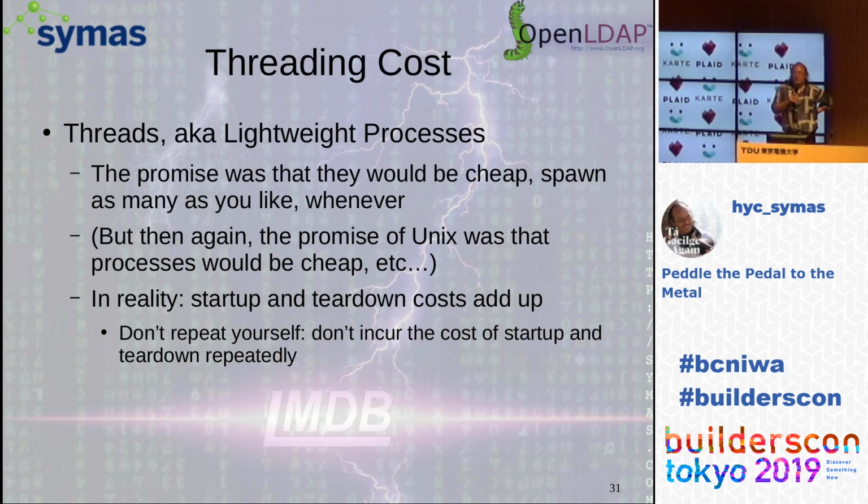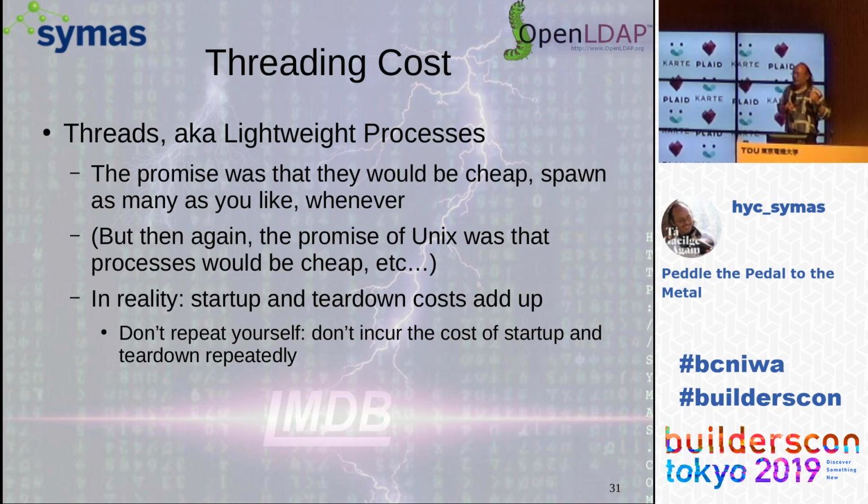So the very first release of OpenLDAP 2.0, we switched to a thread pool, because in 1.0, we were spawning a new thread for every incoming request. And as each request ended, we would kill the threads. And it turns out that starting threads and killing threads actually has a fairly substantial cost, even though it was supposed to be very cheap and lightweight.